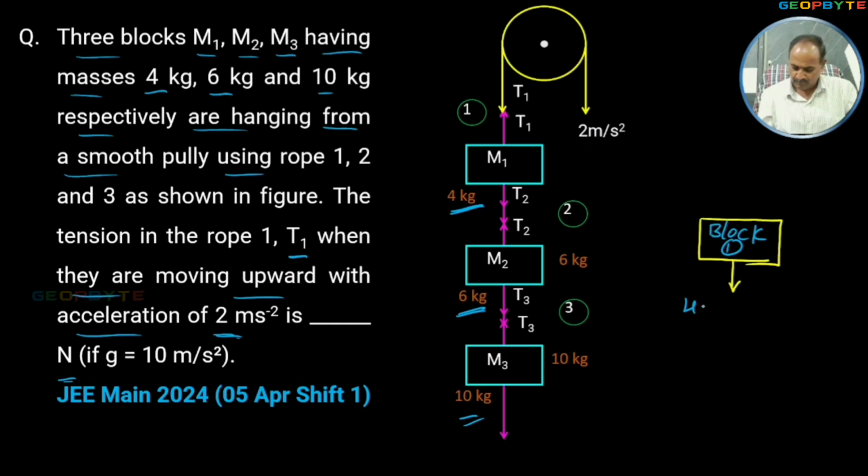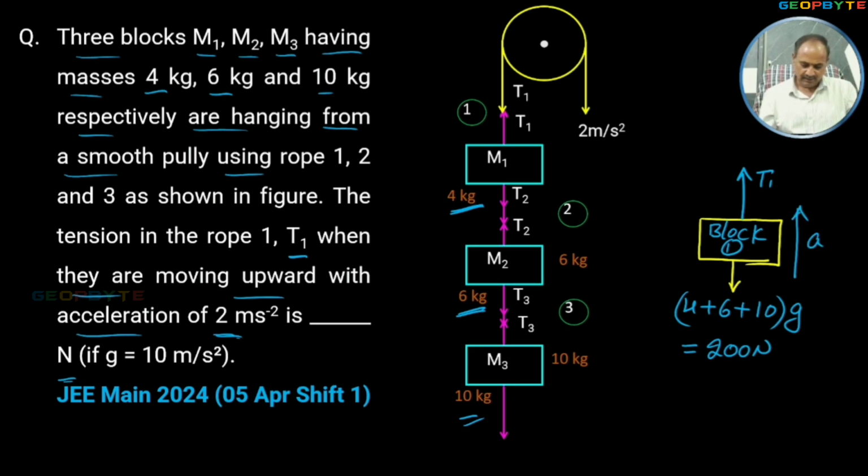Total masses 4 plus 6 plus 10 into G. This is equal to 20 into G, 200 newtons. The T1 is acting like this. The whole unit is moving upwards with an acceleration. A is given, A equal to 2 meter per second square.